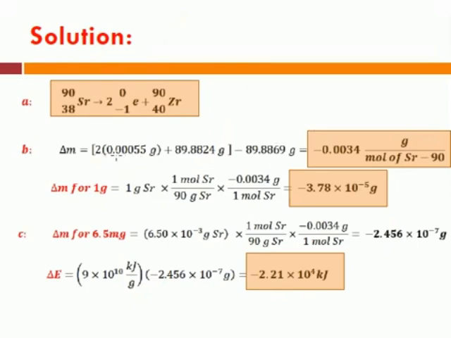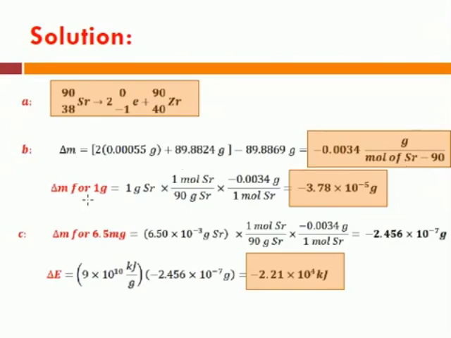Then 2 times 0.000055 plus 89.8824, then minus 89.8869, you will get negative 0.0034 grams per 1 mole of strontium-90.